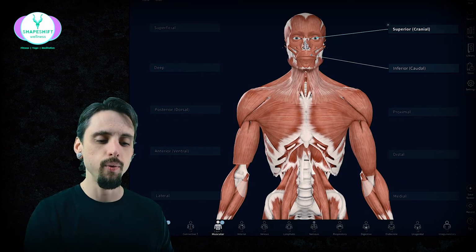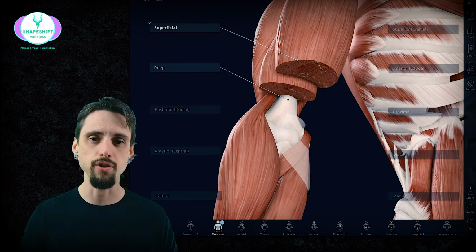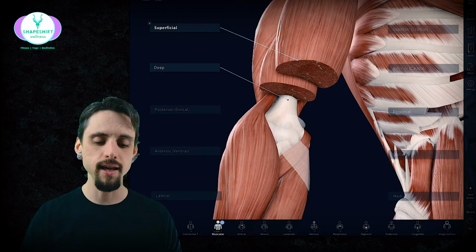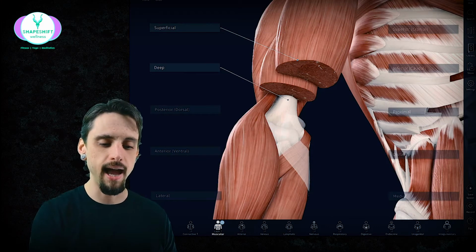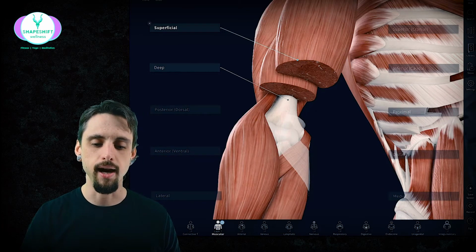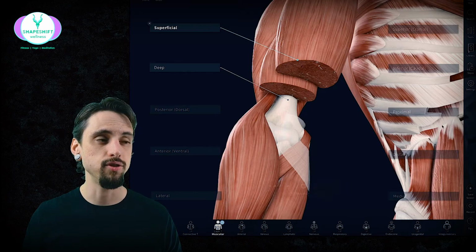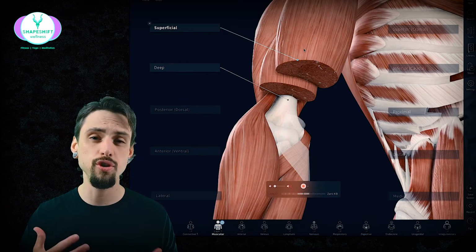Here we might say that something is superficial to another thing versus it is deep to another thing. In this case, we have a muscle which they are pointing at, the biceps brachii muscle, and that muscle is superficial. Like people who are superficial are just on the surface, a surface level person.